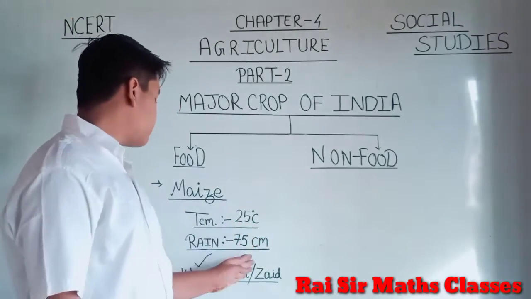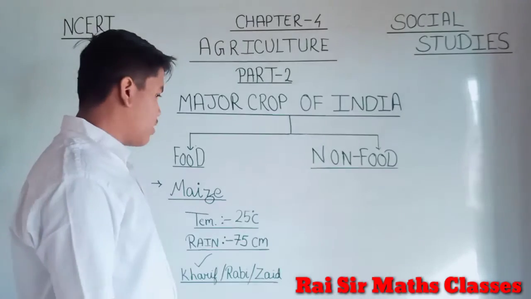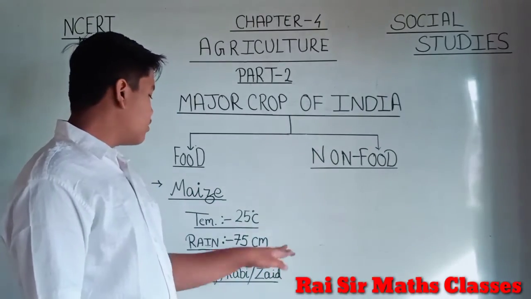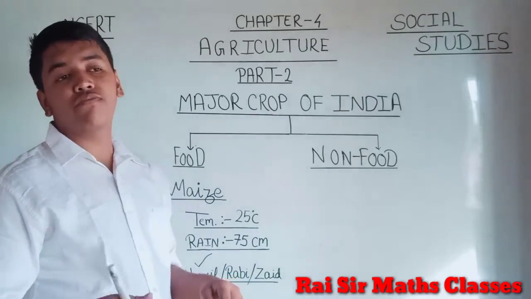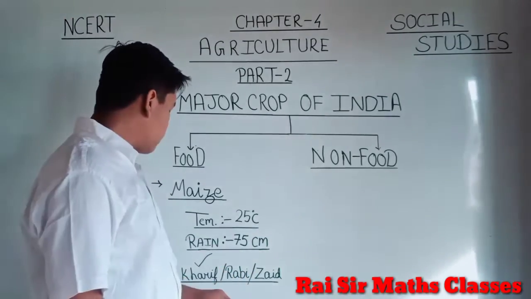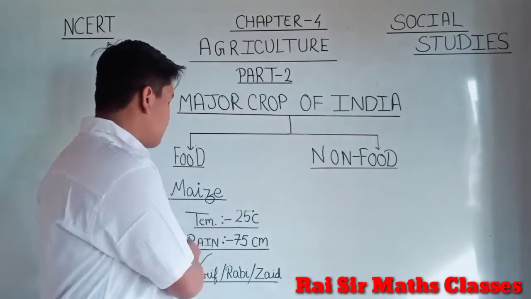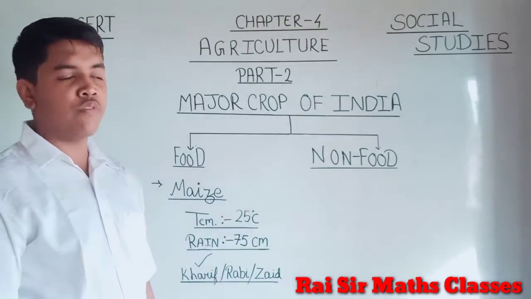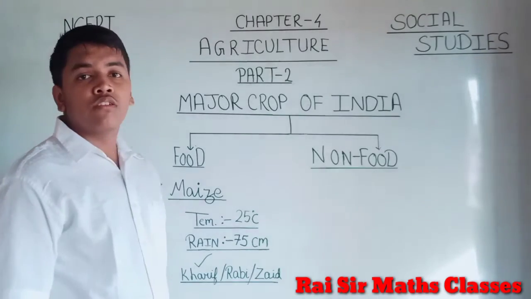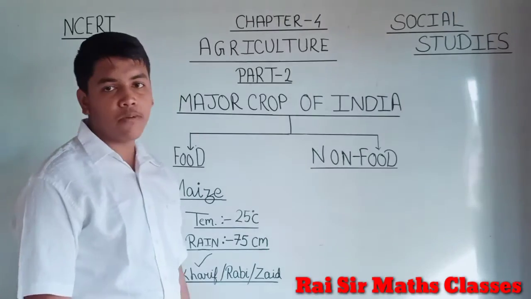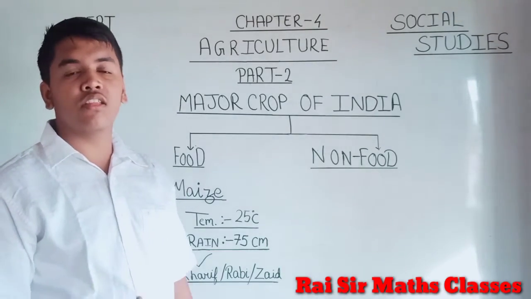So from the third characteristic, you can easily get the first and second, and from the first and second you can easily get which season is required from the given temperature and rain, or the given clues about which type of season it requires to grow. So this is all about the maize. Let's see the pulses.